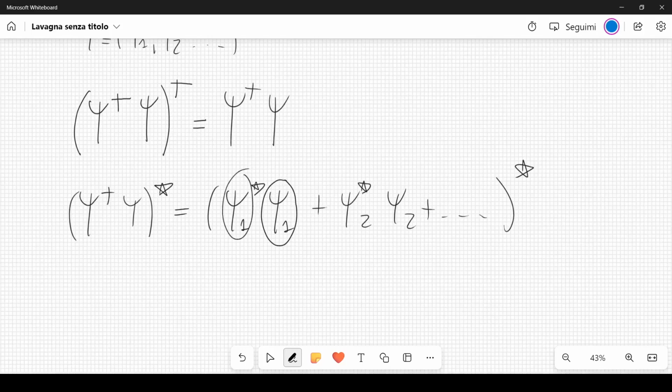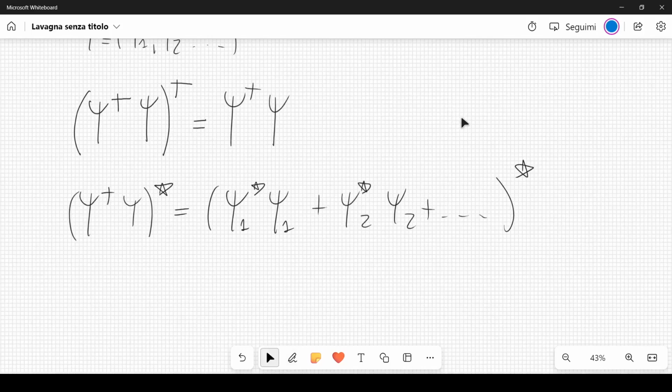Now we are treating scalars in here, so this psi 1 will be a complex scalar, and so will this one. But when I write psi, actually I'm thinking of this as a column vector, whereas this psi dagger will be a row vector. So this is like a dot product. You can think of this as a dot product.